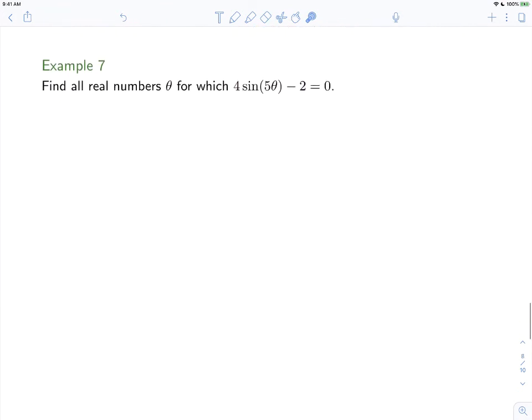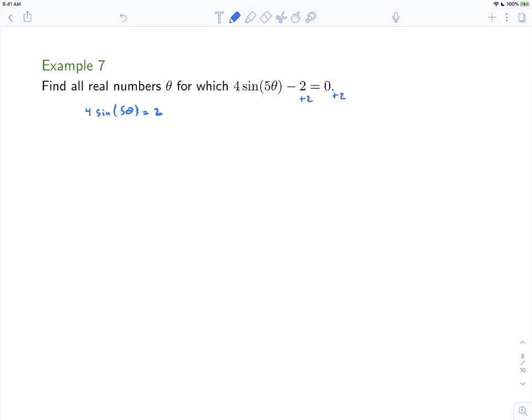Let's do another example. Find all real numbers theta for which 4 times sine of 5 theta minus 2 is equal to 0. Okay, so what we're looking for is all theta such that 4 times sine of 5 theta is equal to 2, if we just add this 2 to both sides.